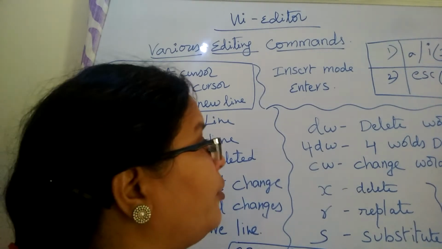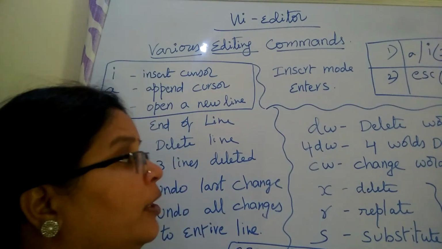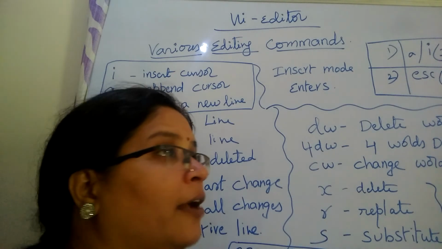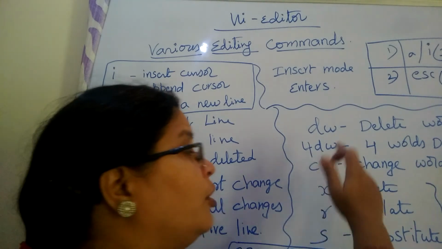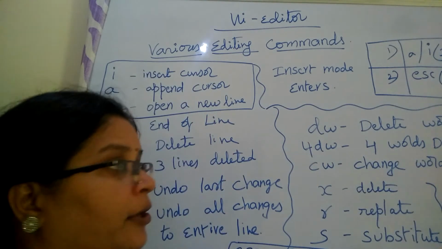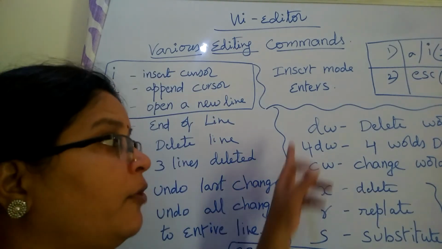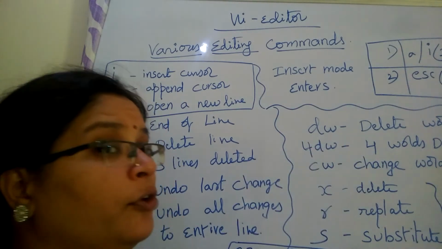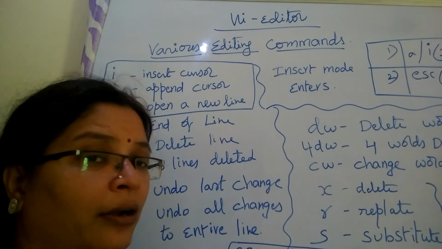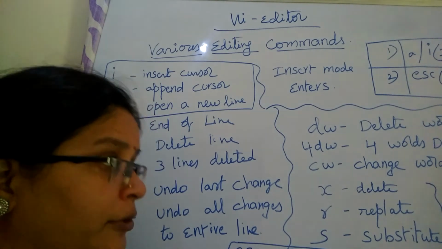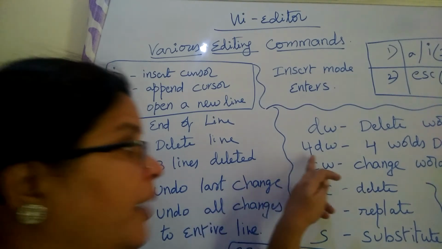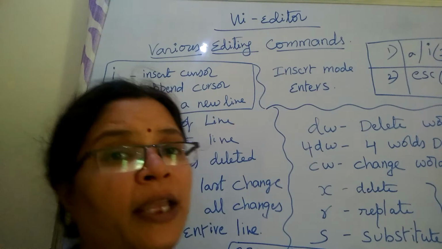Now we are going to see how to delete a word. We have one more command in the command mode: after pressing the escape key, place the cursor on the word which you want to delete. Then directly type dw, and the particular word will be deleted. So a single word can be deleted with this command. But whenever you want to remove multiple words, you have to place the cursor before the word you want to remove or delete, press that particular number and type dw, and all the relevant words will be removed.